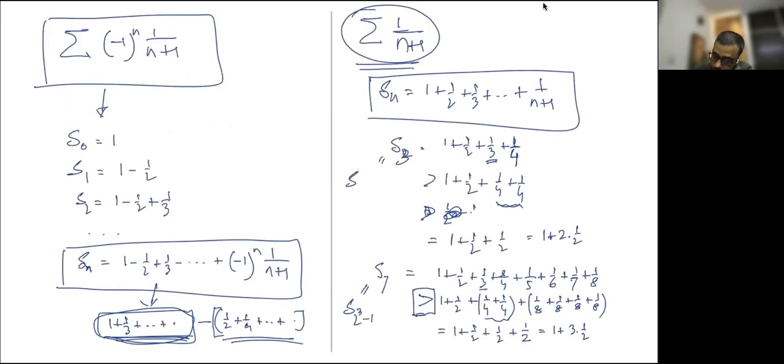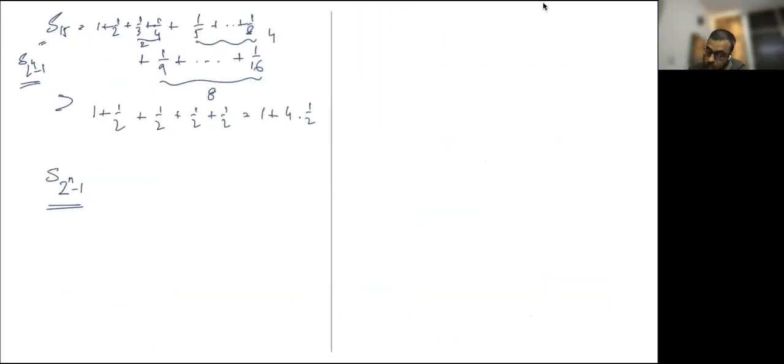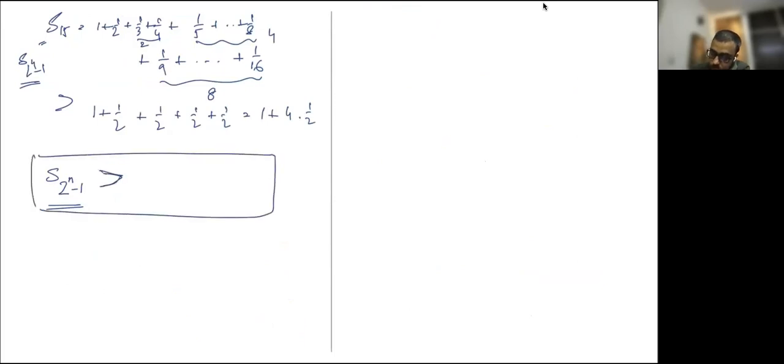This was S of 2 squared minus 1. So I'll just write down the inequality. The proof is the same. So this is greater than or equal to 1 plus n by 2. Okay.